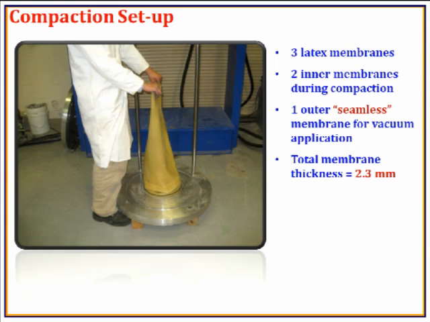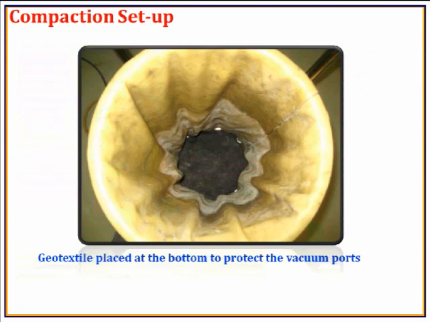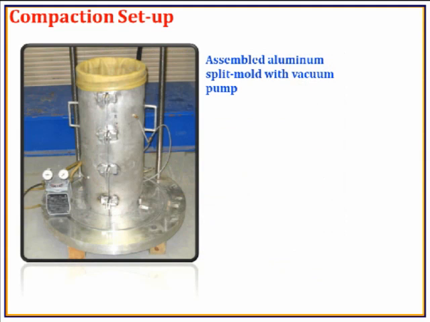First of all, we wrap 2 inner membranes around the mold during compaction, and after compacting the specimen, we install another outer seamless membrane for vacuum application, and the total membrane thickness is equal to 2.3 millimeter. For controlling the ballast fines that can pass through the vacuum lines, we are also installing a geotextile at the very bottom of the mold. And this is the whole split mold setup that you can see here, installed with the vacuum pump.